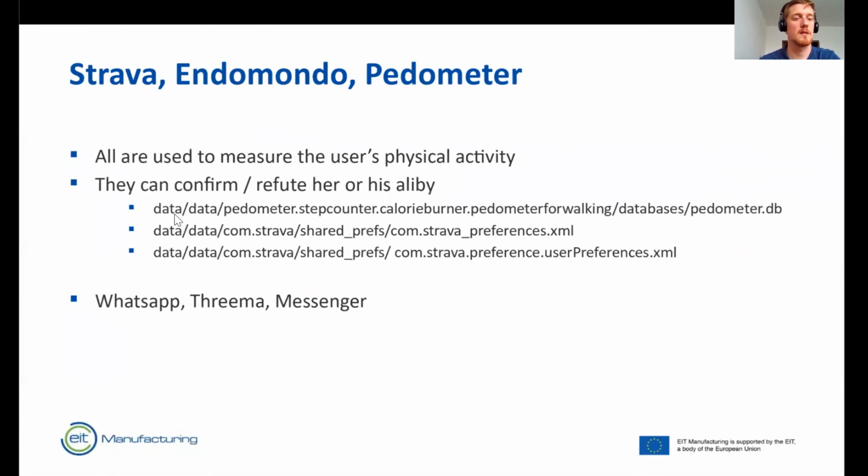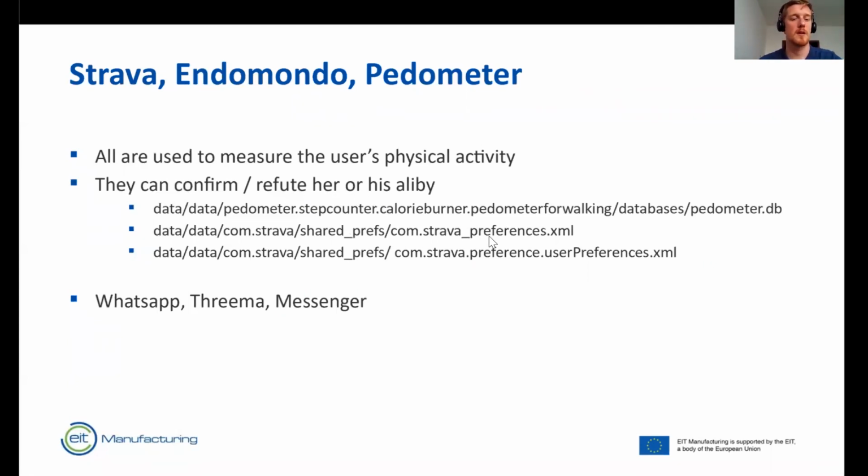Okay, and at the end of this hands-on, there are several applications which are usually investigated separately. For example, applications that measure user physical activity like Strava and the model pedometer. They can confirm or refute a user's or suspect's alibi.